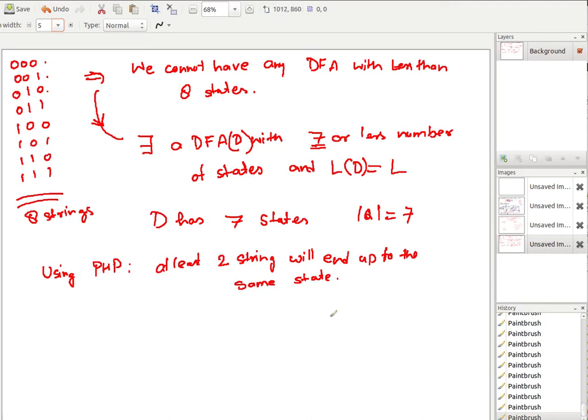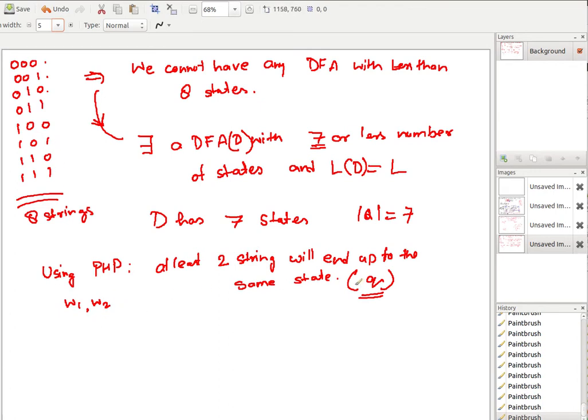Let's say that state is Q. Up to this point we are just following that there are 7 states. Let's take that these 2 strings, W1 and W2, picked from these 8 strings, took you to state Q.